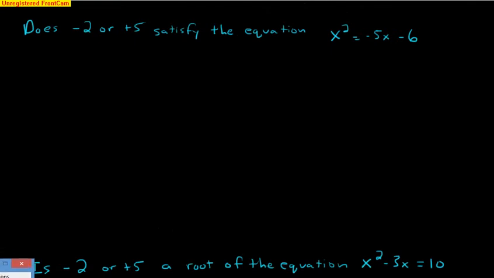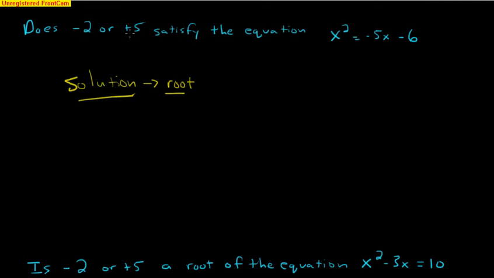The other thing we're going to be asked to do in the lesson is decide whether something is a solution to the equation. And I want you to know that solution and the word root are the exact same thing. So solution equals root.